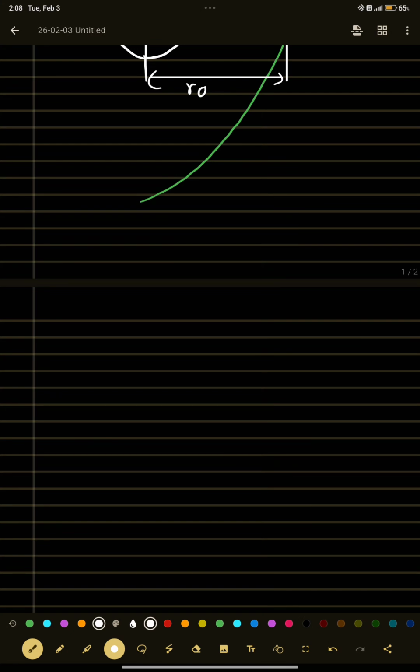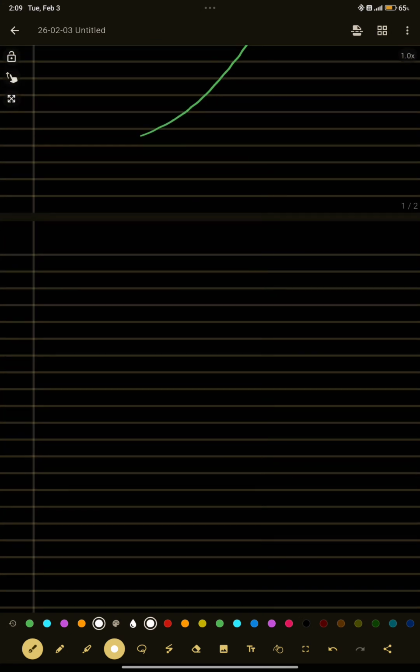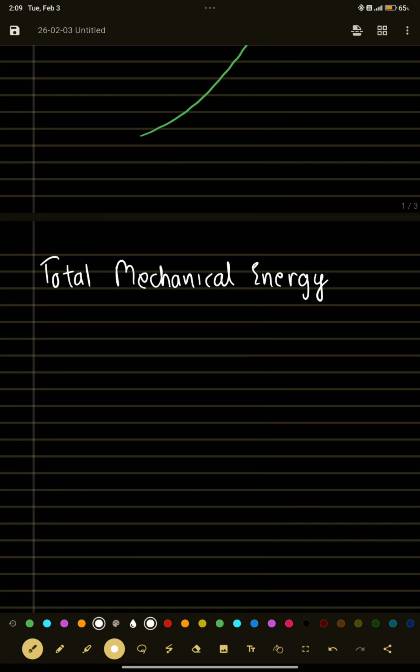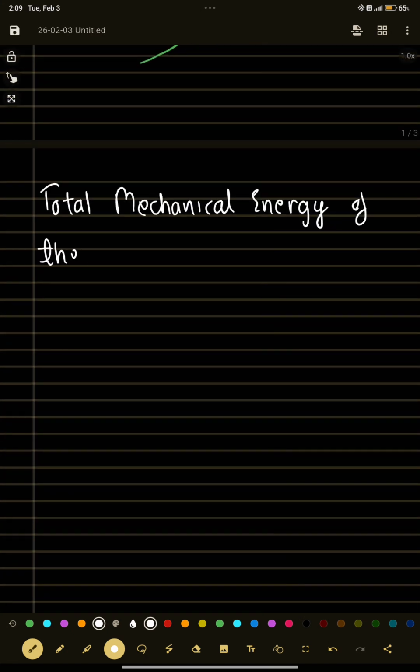When we are talking about energetics, what we mean is the total mechanical energy of a particle of mass m. This is the particle in question.